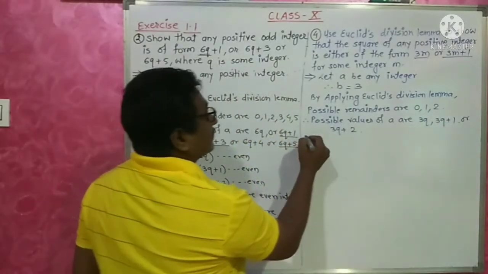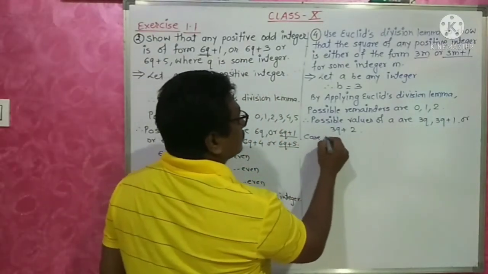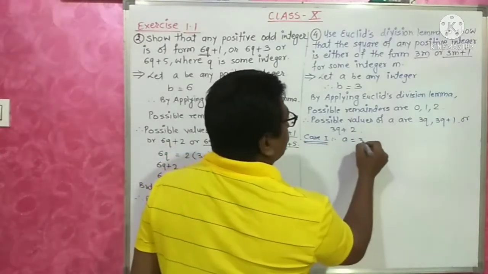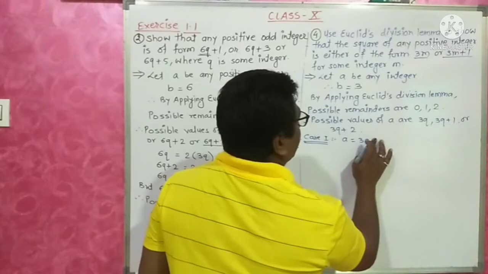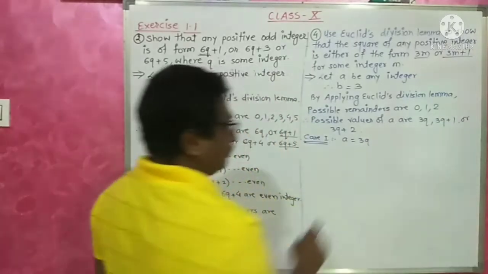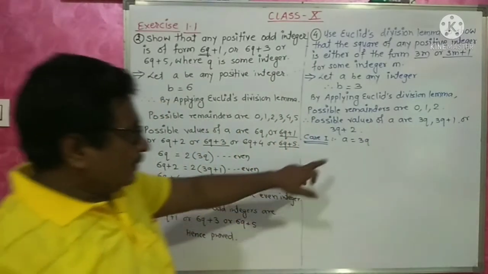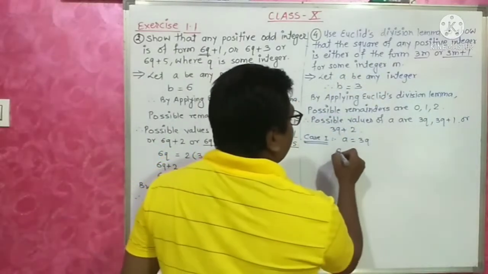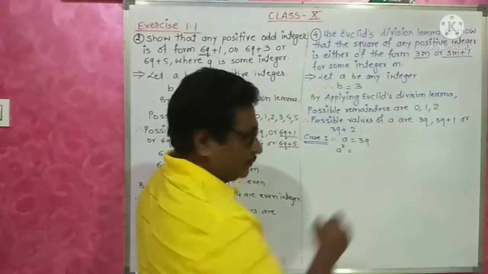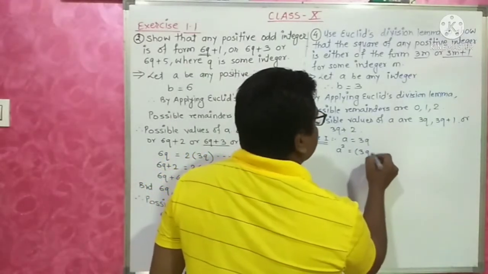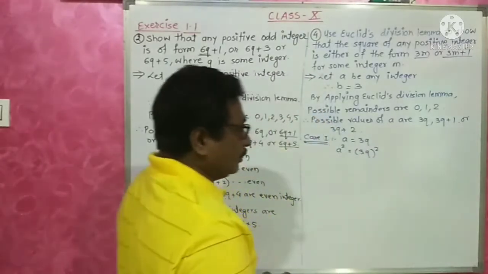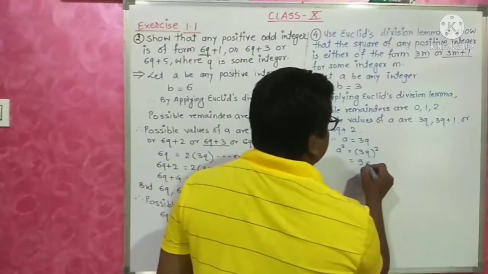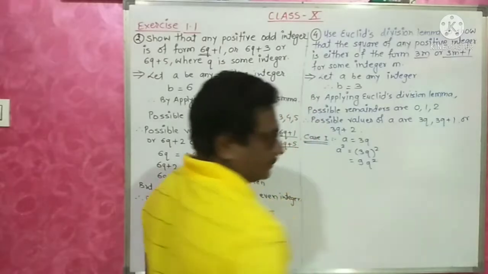So case 1. A equals 3q first. Okay. So now what will we get? Square. Square means a square. So here also 3q whole square. So what will we get? 9q square.